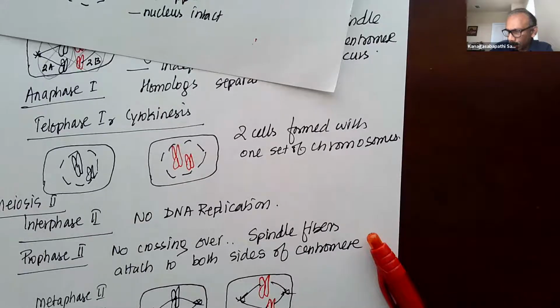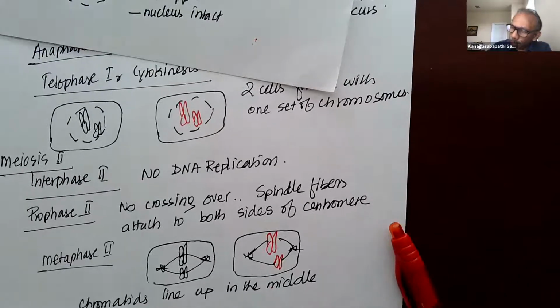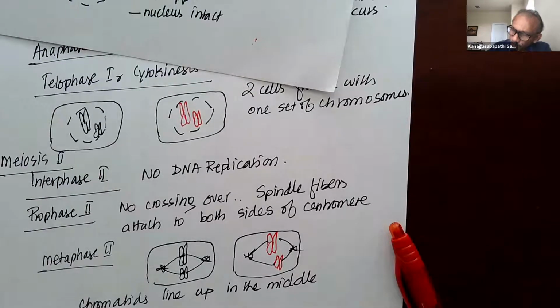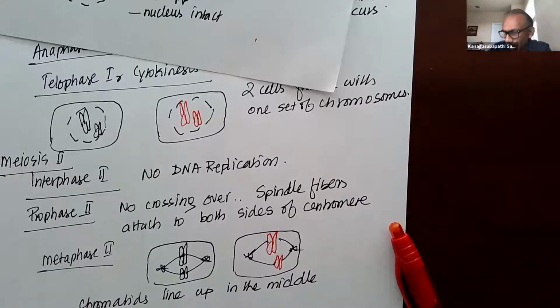Okay. Chromatids line up in the middle. And in anaphase 2, the chromatids separate. That's the key thing to understand.